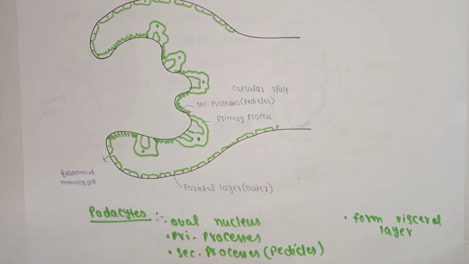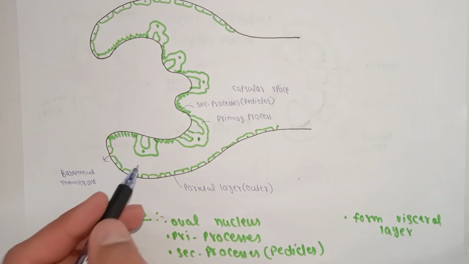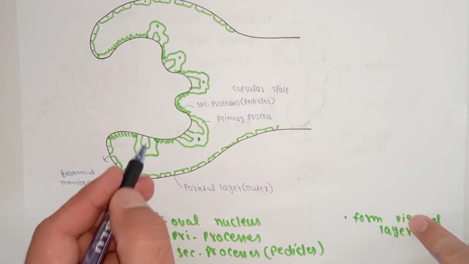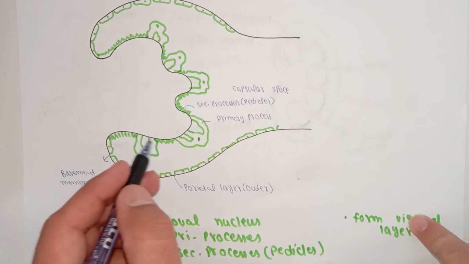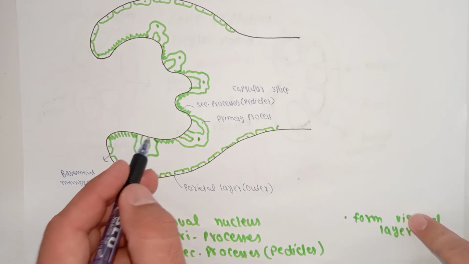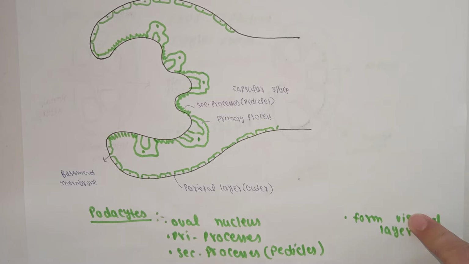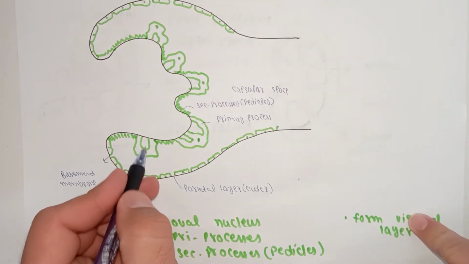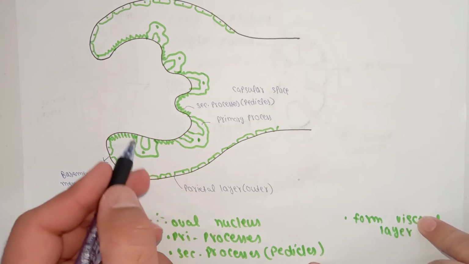This is the cell body of the podocyte, and it is about 1 to 2 micrometers away from the basement membrane. This is the basement membrane.